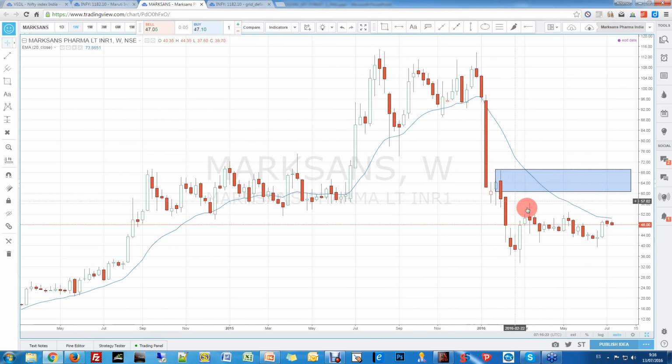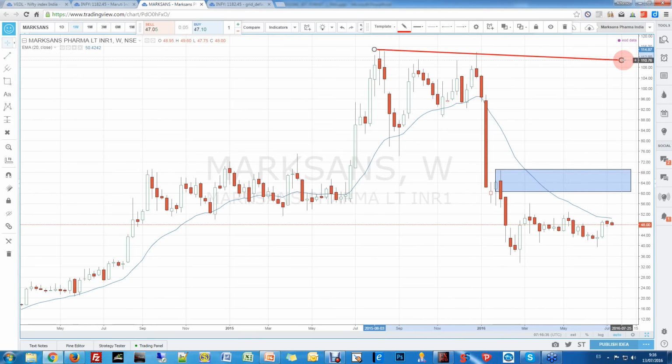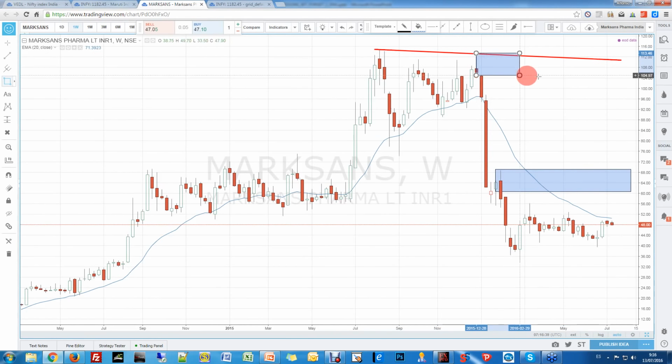And the descending trend line, this looks more like a pause in the market. It's a peak, but it looks like a pause in the stock. You couldn't close above that area, so let's mark that as a pause. And this is the trend there. And there's another area of supply right at the top on the weekly. So this is what we have on the weekly.